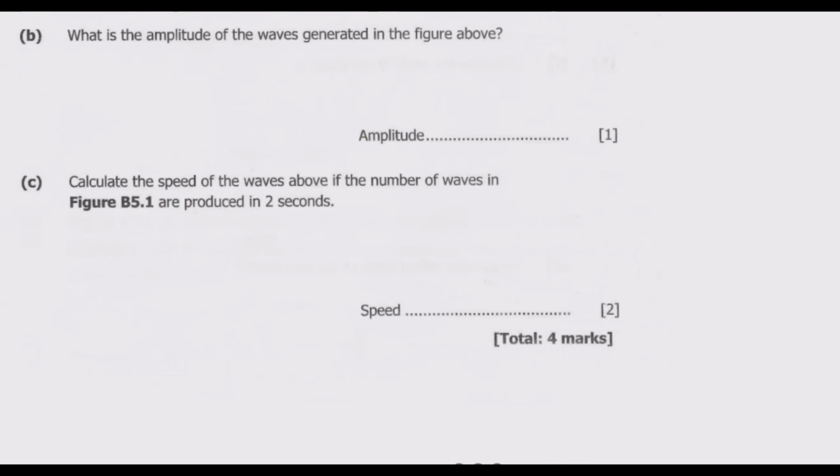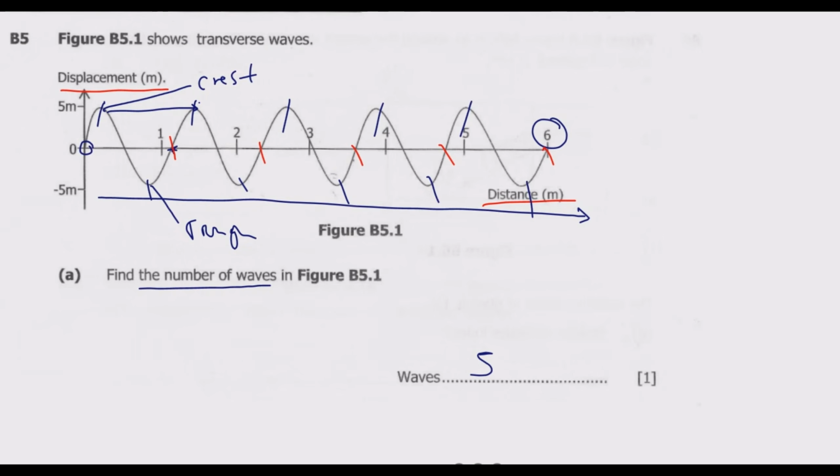Let us look at question B. What is the amplitude of the waves generated in the figure above? The first thing we need to ask ourselves: what is an amplitude? An amplitude is the distance from the resting position to the crest or trough. Remember, the resting position is along this line.